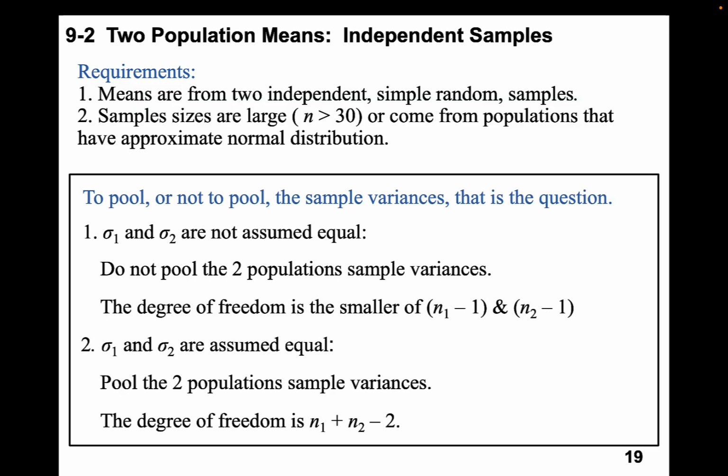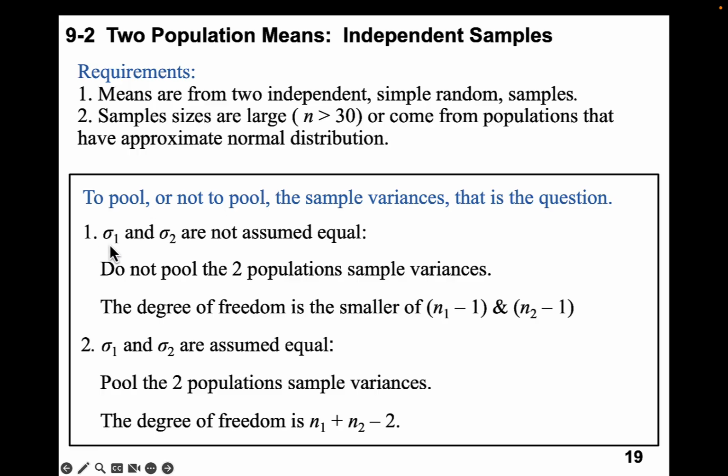All right, if those requirements are met, then we have to address this situation: to pool or not to pool the sample variances. And that is a question that you're going to have to answer yourself. So how do you decide if you're supposed to pool or not pool the sample variances? Here's how.